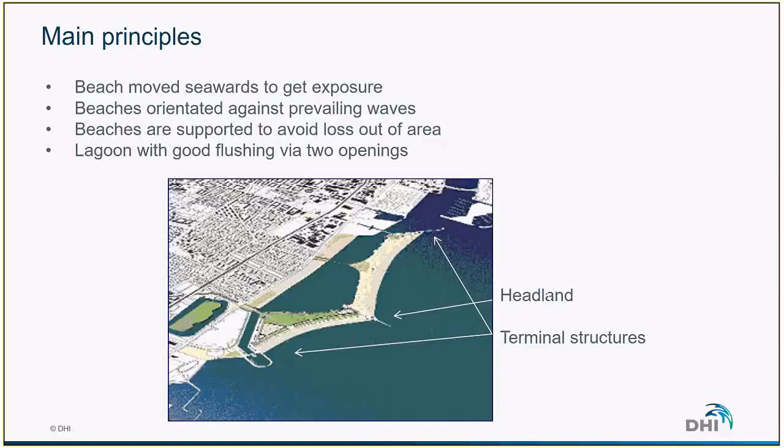So instead of having a plain beach with sand everywhere, we simply have a narrow beach, and we use the remaining space to construct a lagoon, which is going to be used for recreational activities and is also protected from the waves, which is good for swimmers, for instance.